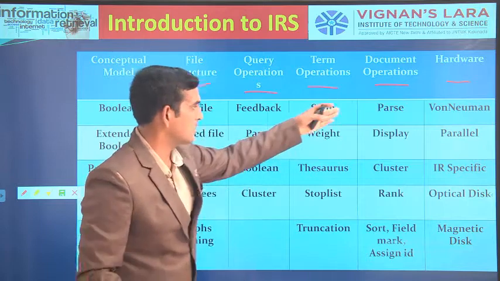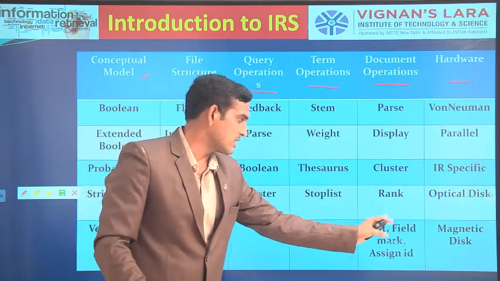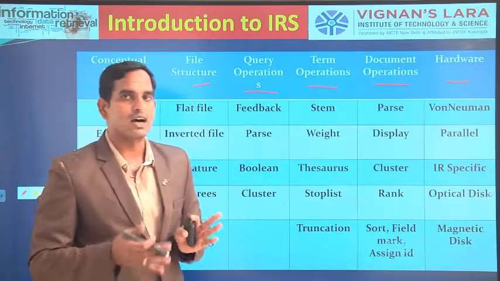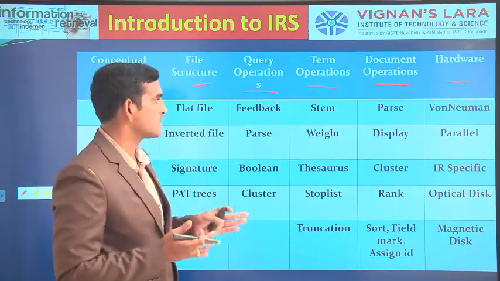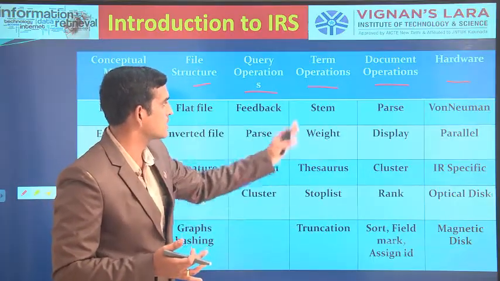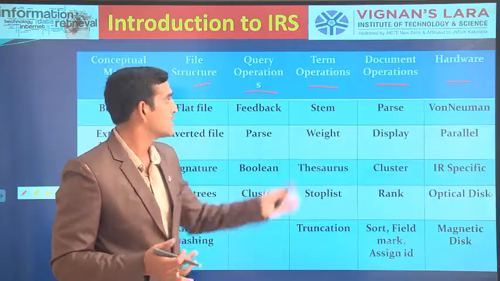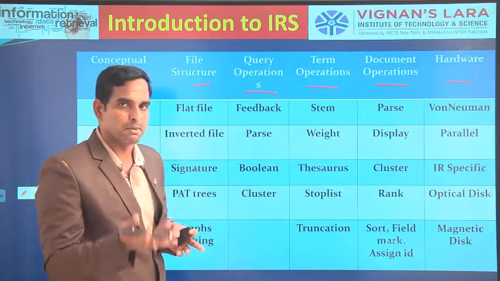The document operations, that is parsing, displaying, clustering, ranking, sorting, field marks, assigning ID, all these are document operations which can be performed on an information retrieval system. The term operations, that is stem, weight, thesaurus, stop list, truncation. These are the term operations which can be performed.